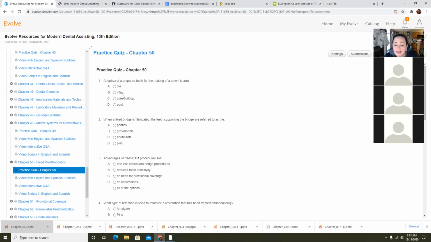The mobile part? Yeah, they're removable. They come in and out, right? So we have fixed prostho that stay in the mouth and don't come out, but that are made outside of the mouth somewhere at a lab, in your CEREC machine, whatever. And then we have removable prostho, which are also made outside the mouth, but they come in and out.